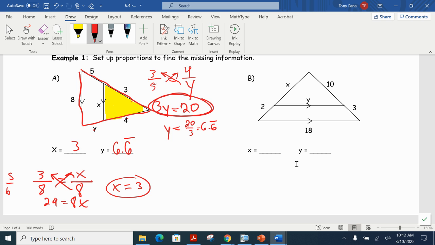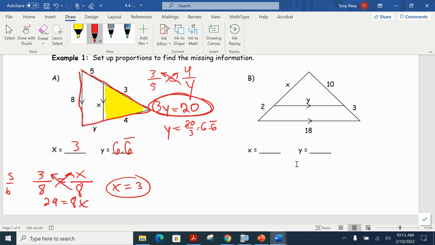So you did 7 over 3. Then your issue is going to be if you want to find that y, you did the right hand.